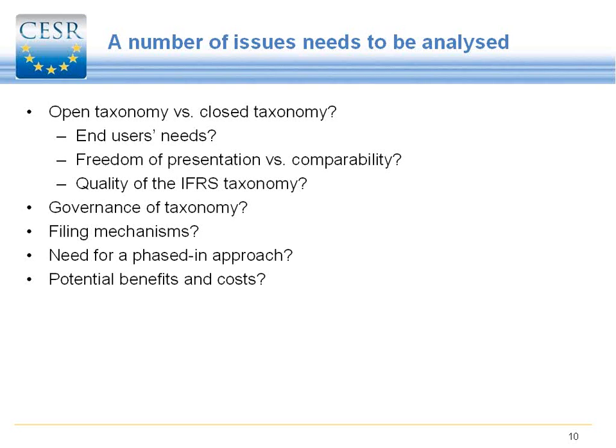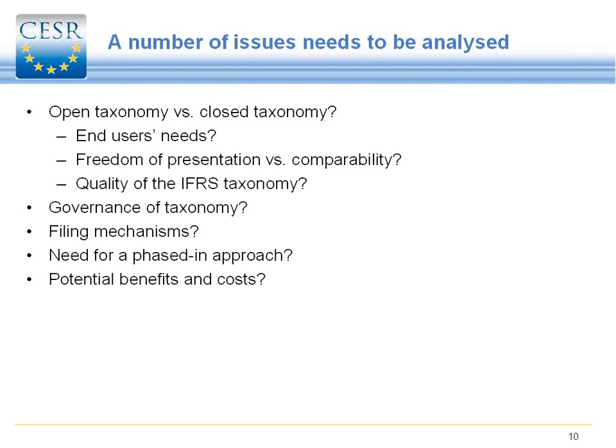If we have a very limited set of tags to be used, would that be useful for end users? Then again, if we have a full taxonomy fully extensible by issuers, would that affect the comparability of the disclosures?